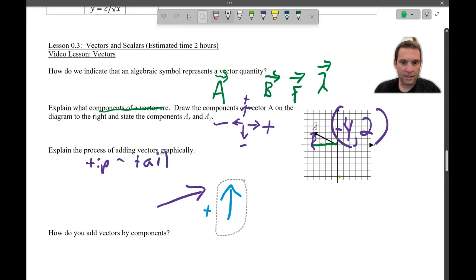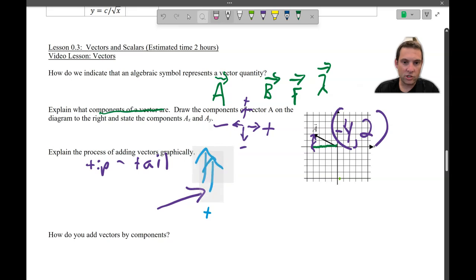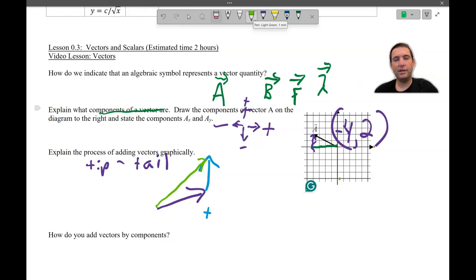What I can do is take vector B, and I can move it, as long as I don't change the angle, right there. And now my resultant, back to the pen, my resultant is this. Using that lasso tool in OneNote is really pretty cool for this.